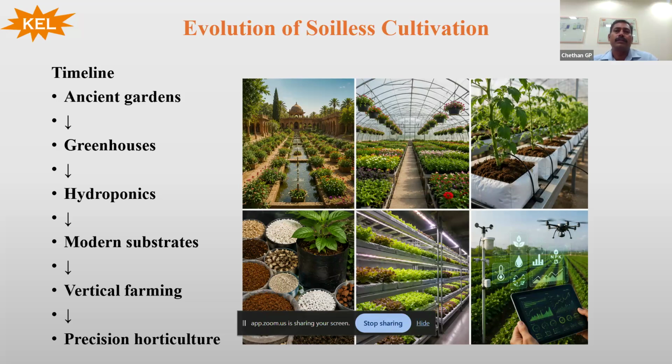It is now widely adopted for commercial vegetable production, ornamental nurseries, tissue culture, hardening, landscaping, and home gardening. As the technology continues to evolve, precision irrigation, automation, and sensor-based monitoring are making soilless substrate-based cultivation even more efficient and sustainable.